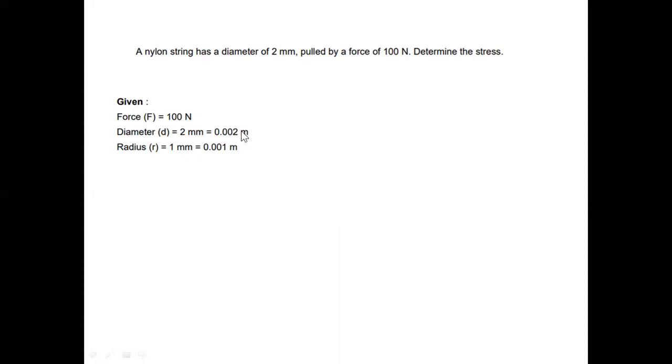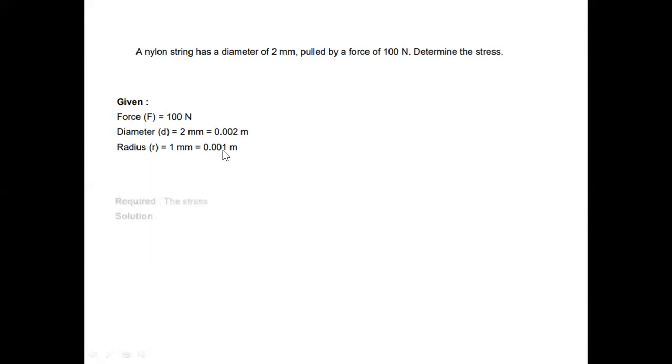Remember that 1 meter is equal to 1,000 millimeters. Now we have radius. This is just half of diameter. It is equal to 1 millimeter, or in meters, this is 0.001.